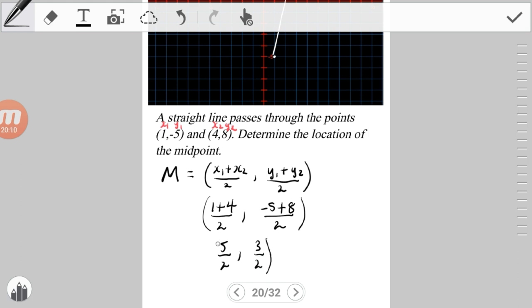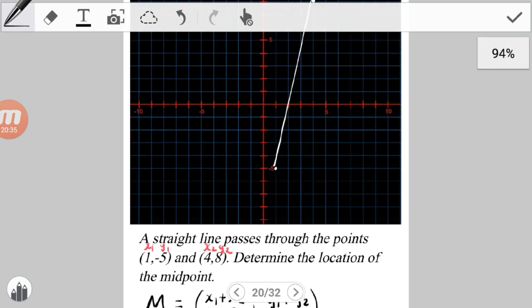Now in order for us to locate this on the Cartesian plane, we're going to have to convert it to a decimal. So 5 divided by 2 is 2.5, and 3 divided by 2 is 1.5. So what this is saying is that the midpoint is located by taking 2.5 steps to my right and 1.5 steps up.